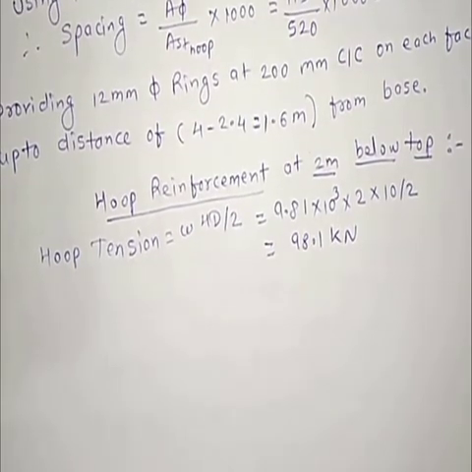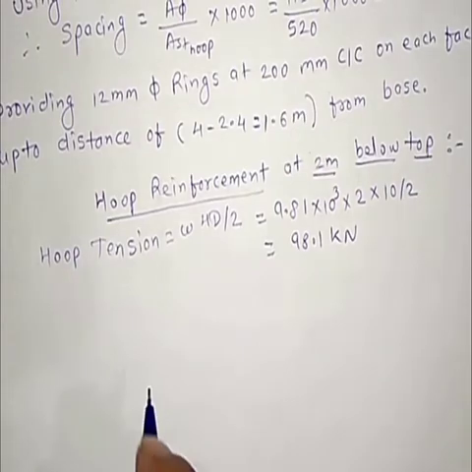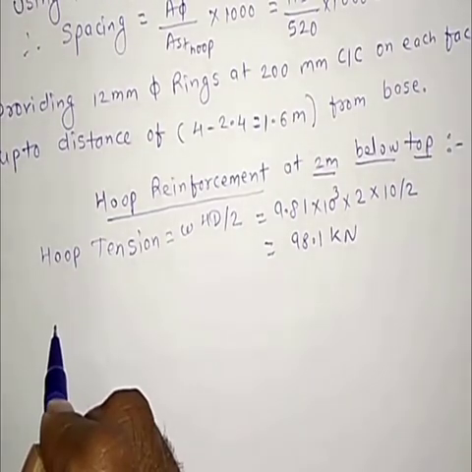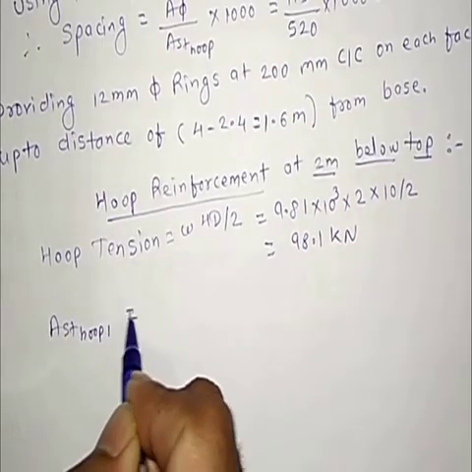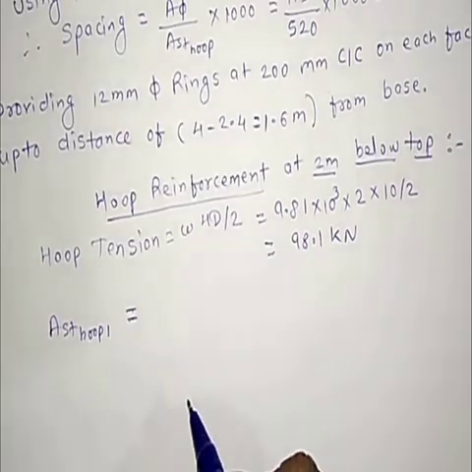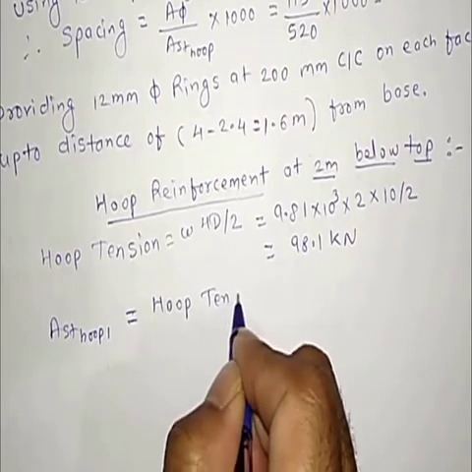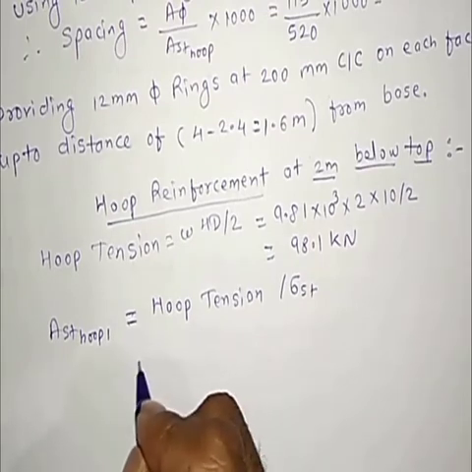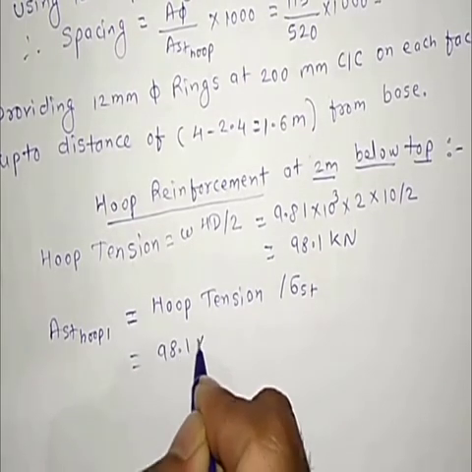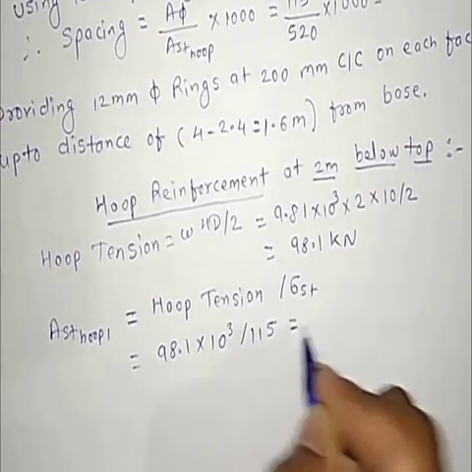So again you need to calculate the area of hoop reinforcement as we have calculated in the earlier step. Therefore AST hoop 1 is equals to hoop tension divided by sigma st. So 98.1 into 10 raised to the power 3 divided by 115.